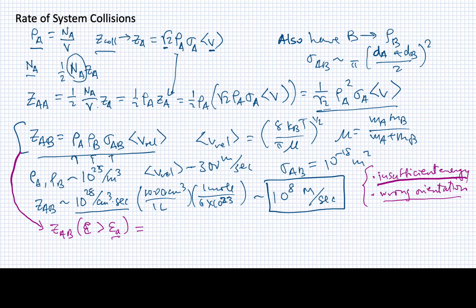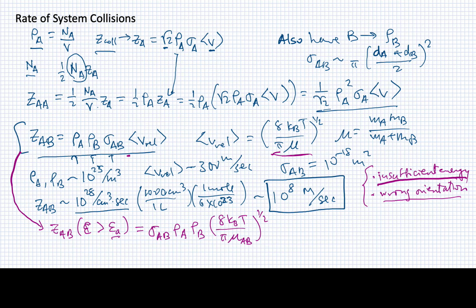And what we get from that is, when we plug this into our general expression, so I'm using the expression for relative velocity as well, I'll have the cross-sectional area times rho_A times rho_B times (8 k_B T over pi mu_AB) to the 1/2.